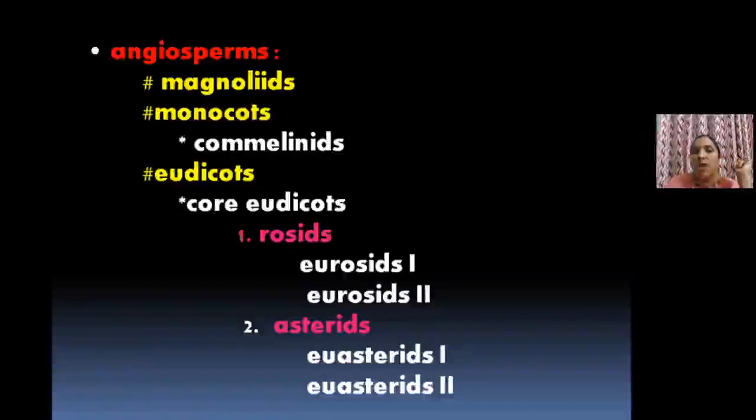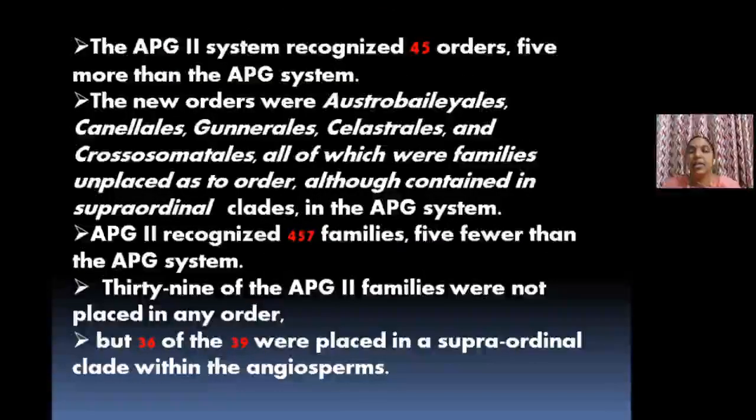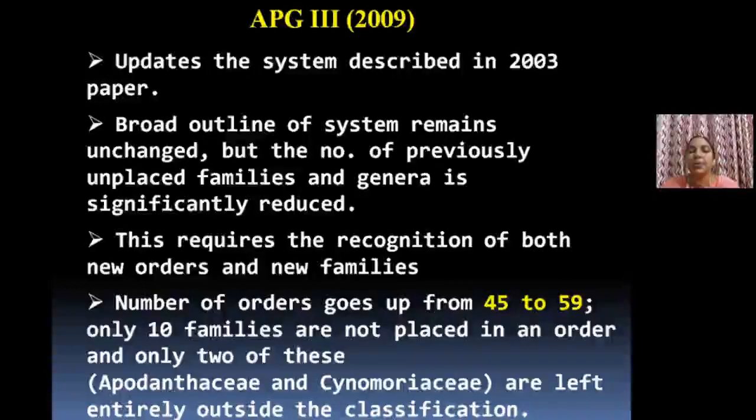So, see what happened here. 39 of the APG2 families were not placed in any order. But here, only 10 families are not placed in an order. So, everything else is included. That is the modification in APG 3. You have to compare APG 2 and APG 3. So, what was left in APG 2 is cleared here, included in the families.